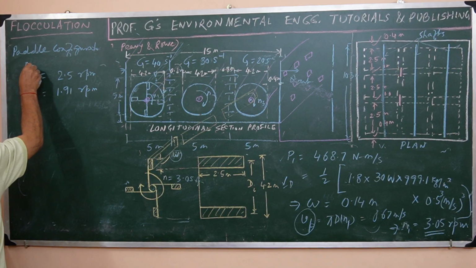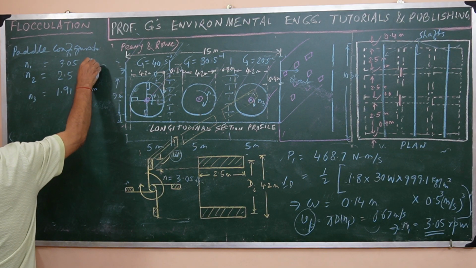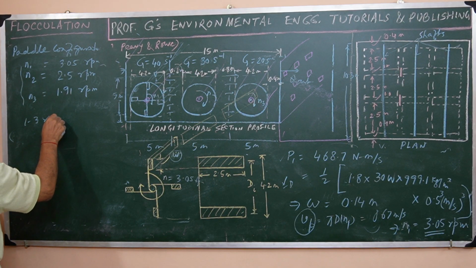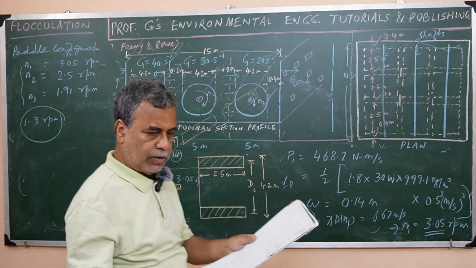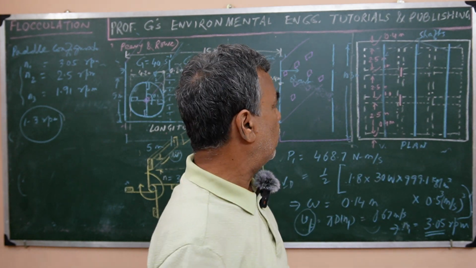So N1 if you write, then 3.05 RPM. So this is very close to 1 to 3 RPM, which is the recommended range also, right? So the design is here up to this.